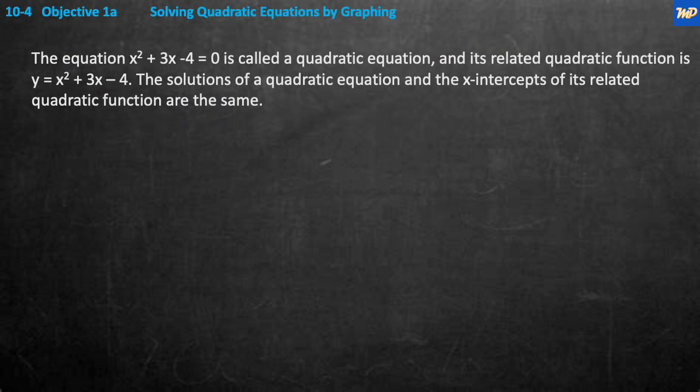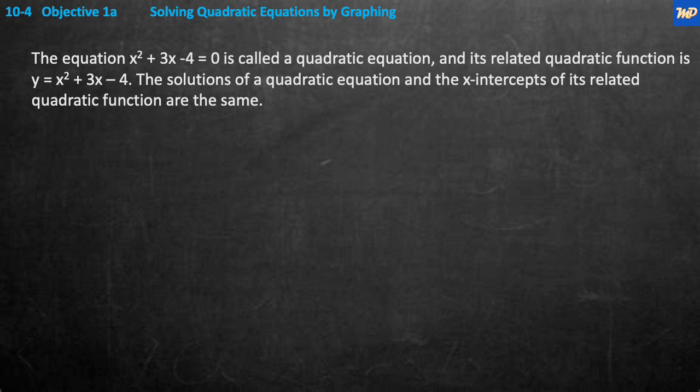Objective 1, solving quadratic equations by graphing. The equation x squared plus 3x minus 4 equals 0 is called a quadratic equation. Its related quadratic function is y equals x squared plus 3x minus 4.